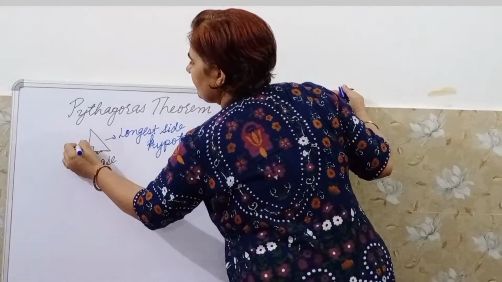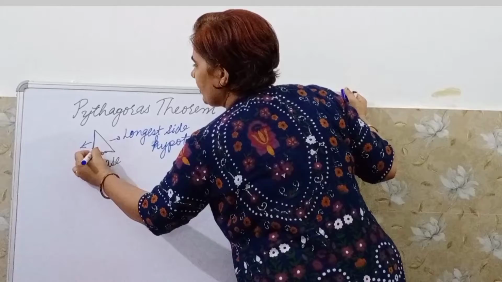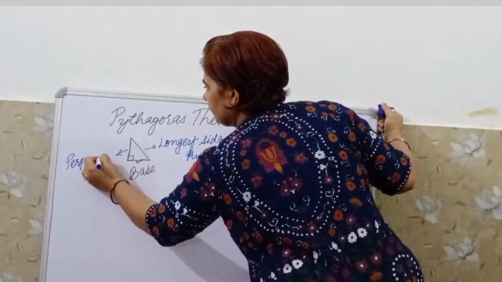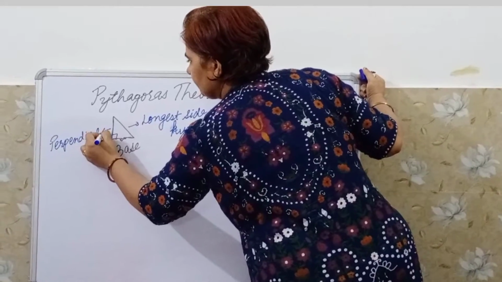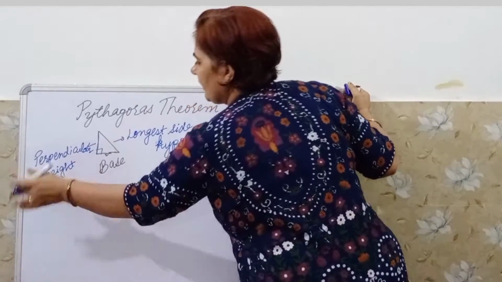And the side that is making the 90-degree angle is known as height, or you can say perpendicular, or height of the right angle triangle.